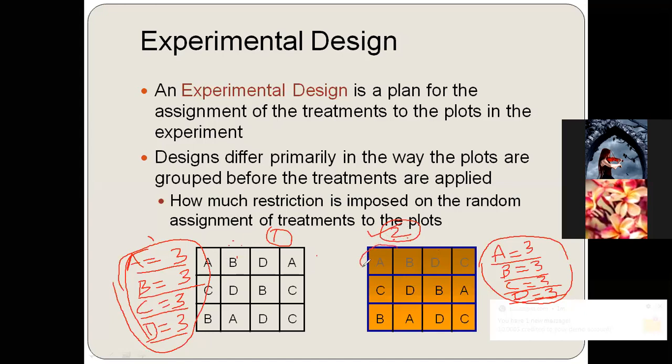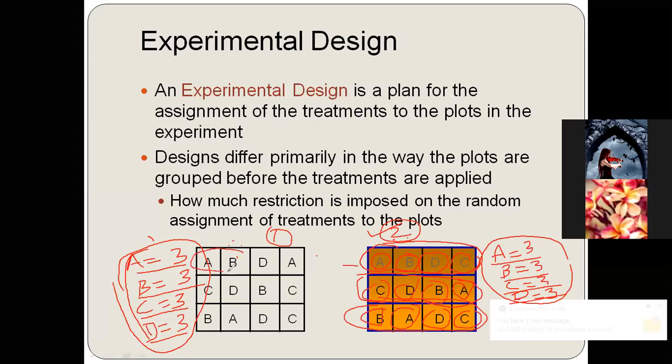If you look at one block, you see all the treatments A, B, C, D. If you look at the second block, again A, B, C, D. If you look at the third block, again A, B, C, and D. All treatments are appearing in each block.